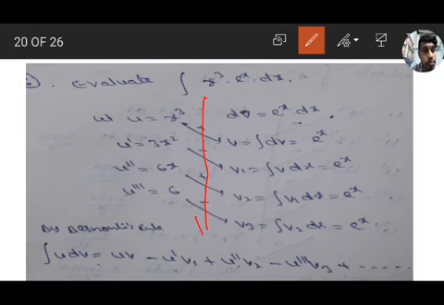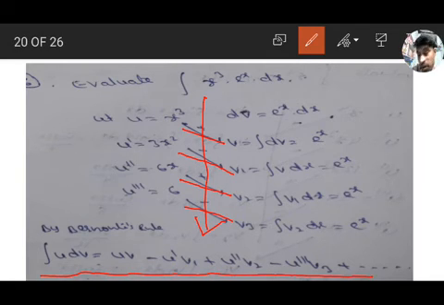So, the formula is uv, u dash v1, u double dash v2, u triple dash v3, with alternating signs: positive, negative, positive, negative. So by Bernoulli's rule, integration of u into dv equals uv minus u dash v1 plus u double dash v2 minus u triple dash v3 plus and so on.